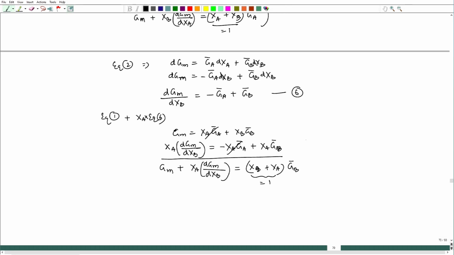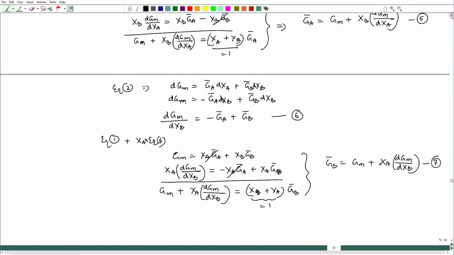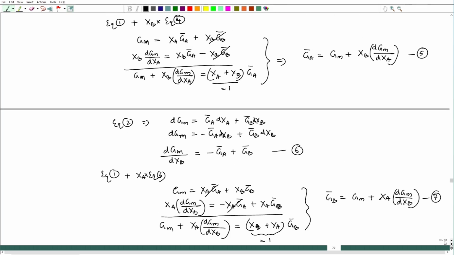So, then we get GB bar equal to GM plus XA dGm by dXB. So, this is equation, let us say 7. Now, we have two equations, one is 5 and 7.